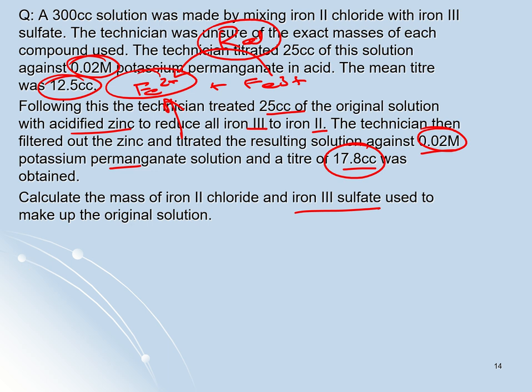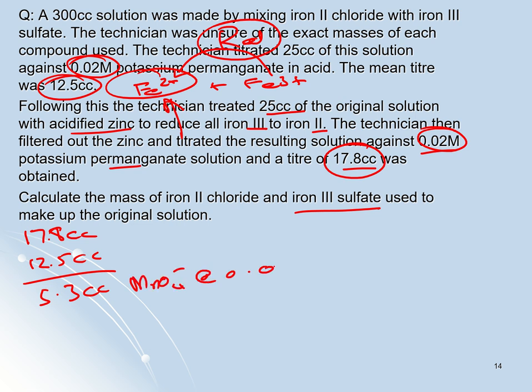Well, there's a few different ways to do it. The way I would do it is 17.8 cubic centimetres minus the 12.5 cubic centimetres. That gives me 5.3 cubic centimetres of additional permanganate solution at 0.02. That is reacting with what was essentially originally iron 3.